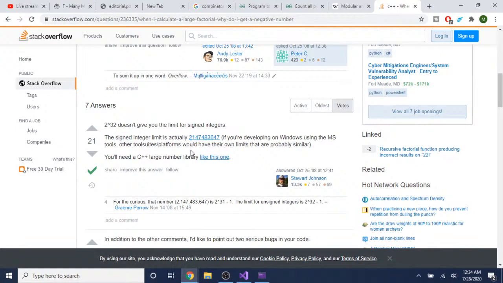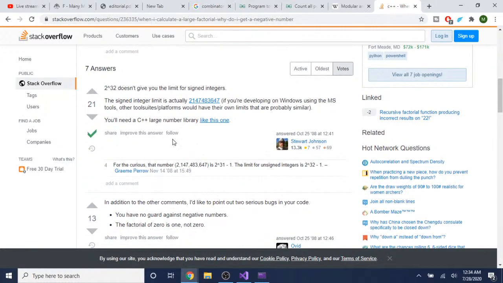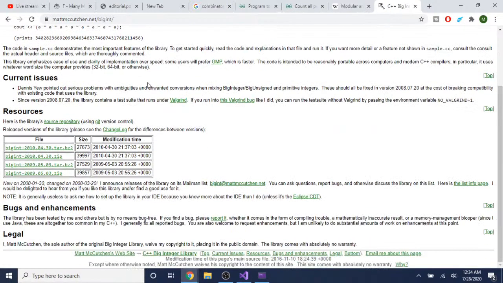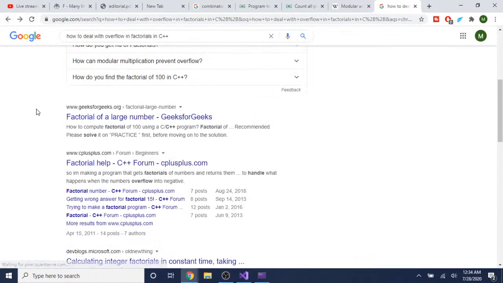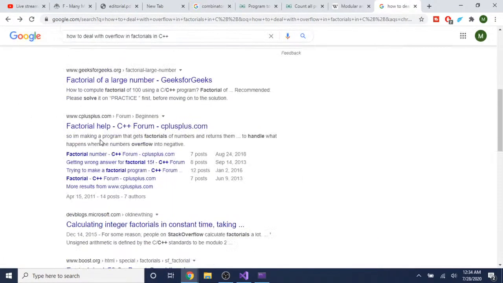The signed integer limit is actually around 2 billion. You'll need a C++ number library. Oh my gosh. Okay, I don't want to do this. I'm not downloading a number library.